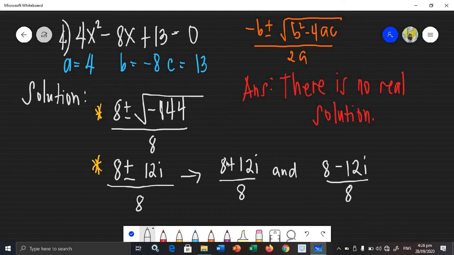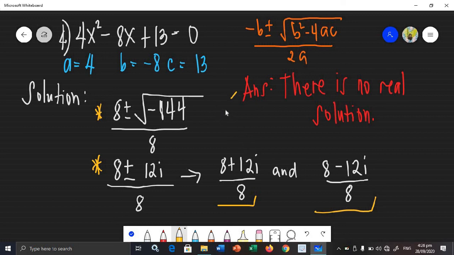I'm not quite sure if pwede natin siyang i-divide sa common factor given that this is an imaginary number. Pero I know that this is the answer in some books. Pero, of course, mabait si Ma'am Noemi, I am going to let you have this as your answer.